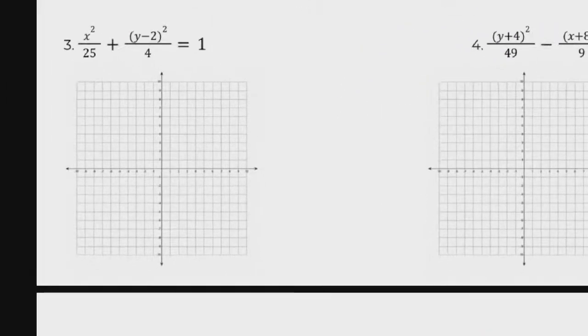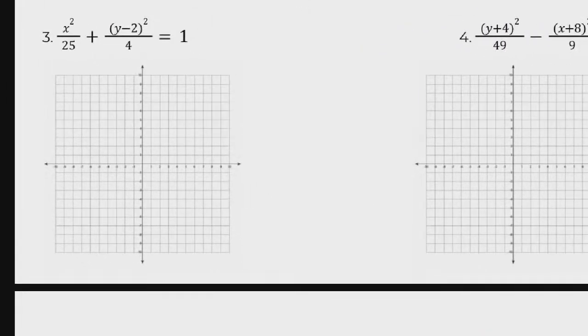Okay, next we have this equation here. Since it's a plus sign, and I only have two denominators, this is going to be an ellipse. The center is going to be at (0, 2), since there's no number next to x squared. And then this number is bigger, so this will tell us a squared.